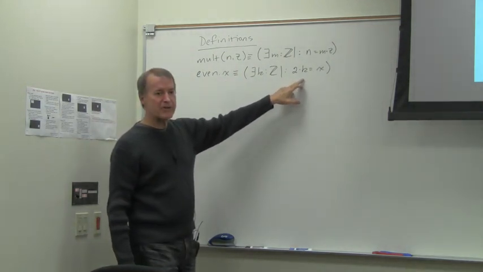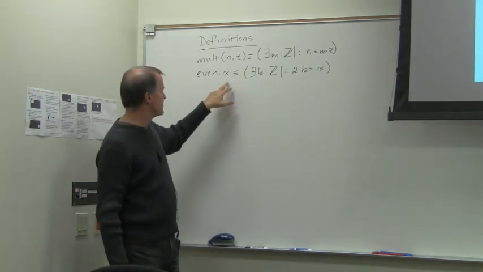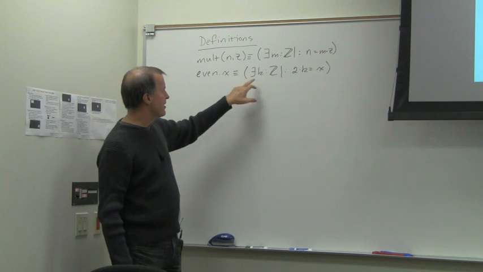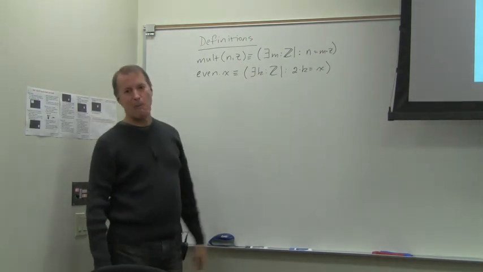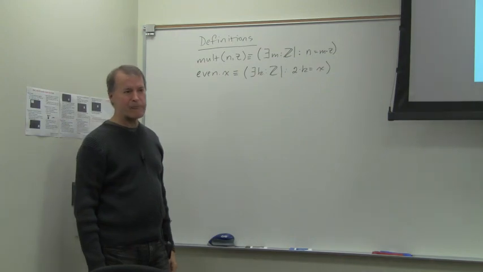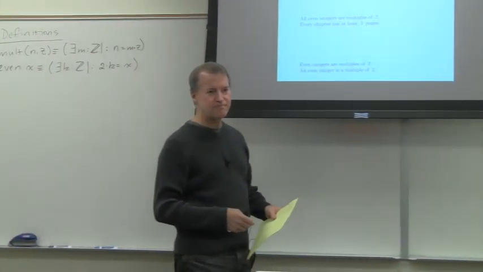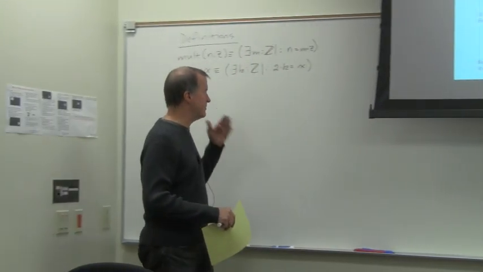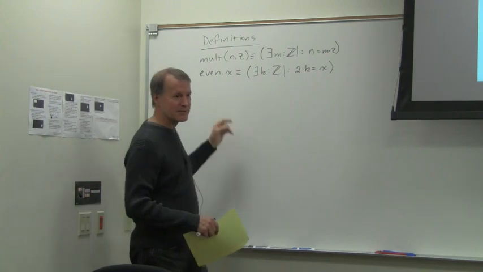And what is that number that exists? 5. So you should think of it this way: 10 is even because 5 exists. Are you with me? Okay, by the way, these definitions you should know. If I ask you for the definition, you should be able to write it down.